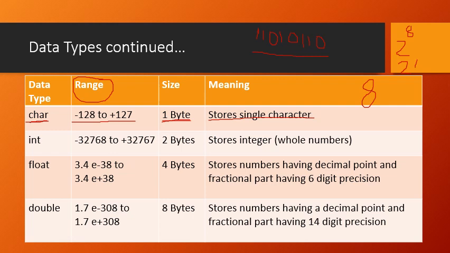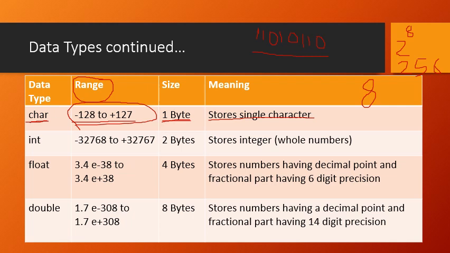Yes, it is 256. If you calculate the total range, it is exactly 256. It starts from minus 128 to plus 127. That means minus 128 starts incrementing, next is minus 127, minus 126, like that it reaches 0, and from 0 it keeps on incrementing up to 127.